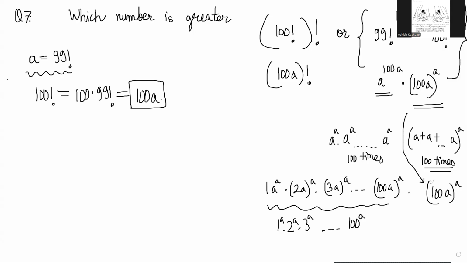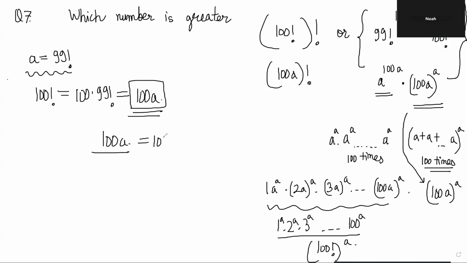By the way, this is 100 factorial power A, right? So 100 factorial is basically 100A.